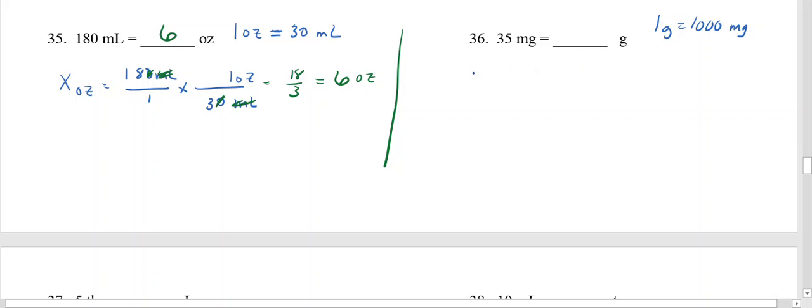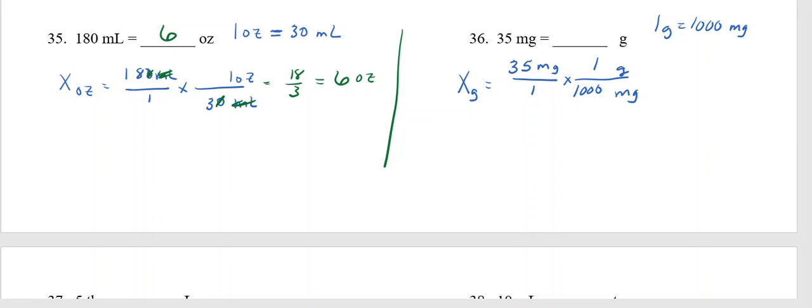So now I'm going to set it up. I'm looking for grams, so it's X grams equals 35 milligrams over 1 times, and then milligrams is on top, so milligrams goes on bottom, and grams will go on top. So 1 gram, 1,000 milligrams. Cancel your units of measure.